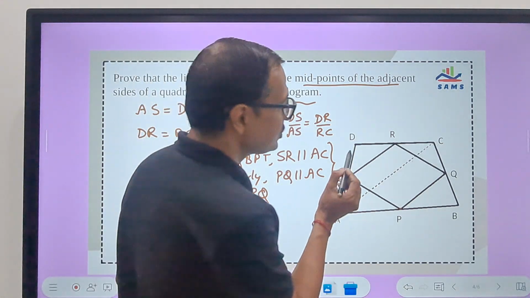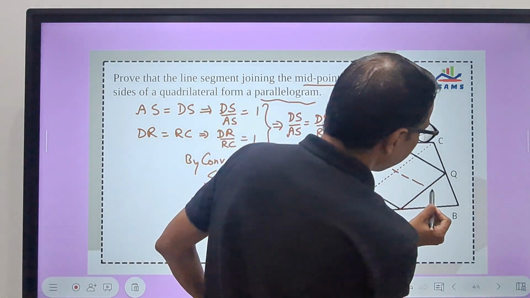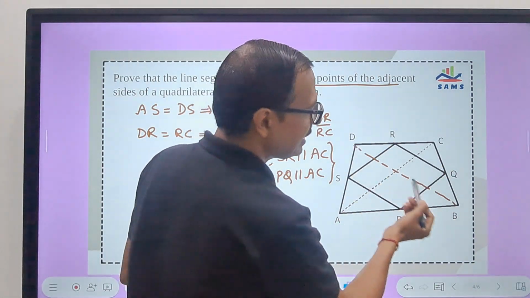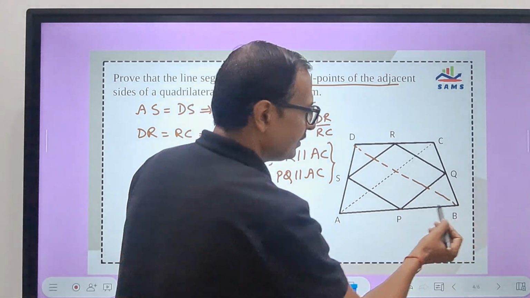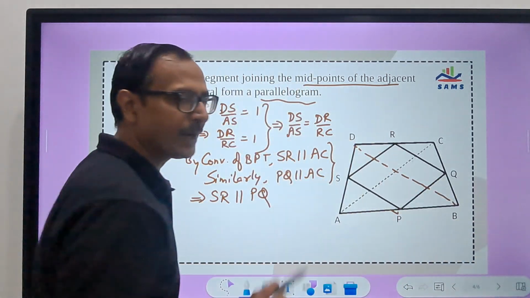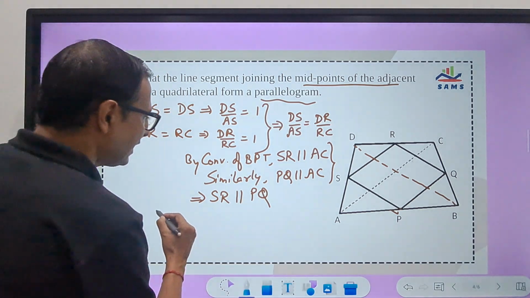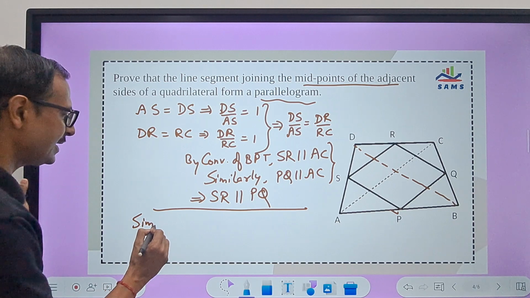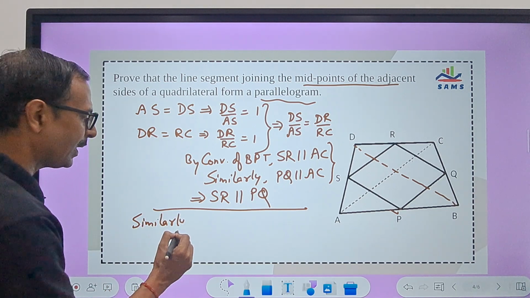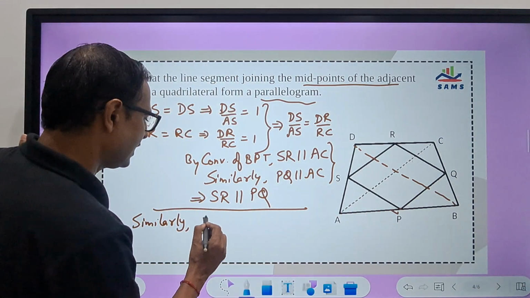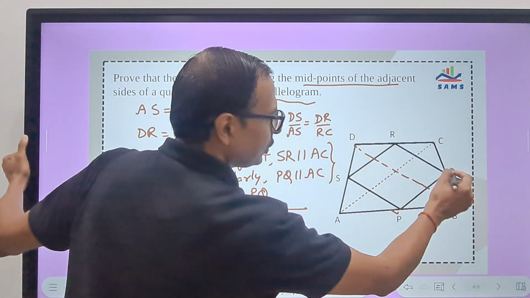Likewise, had I joined diagonal BD and taken the triangles CDB and ADB, I would have proved that PS is parallel to QR. Now I will leave that second part for you, and I am writing similarly, but in the exam you need to prove that part also. Similarly, PS is parallel to QR.